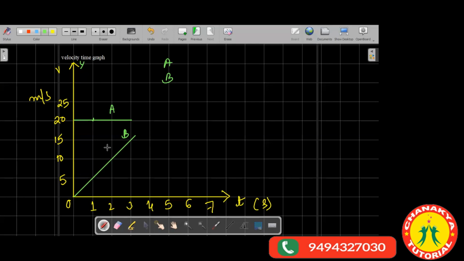Since it is a velocity time graph, we observe that at every time it has the same velocity, 20 meter per second. So graph A shows uniform velocity or constant velocity.